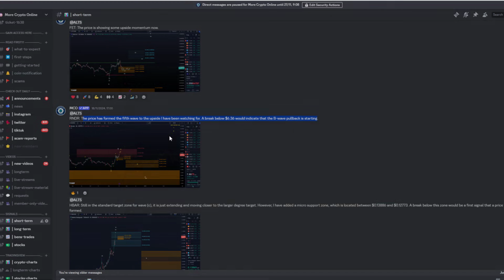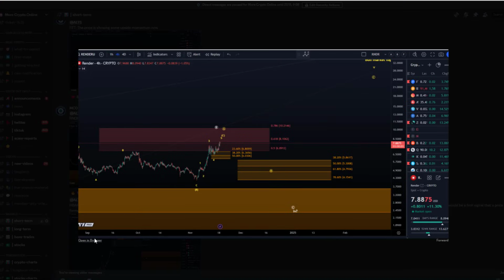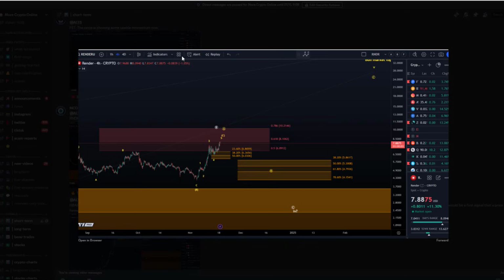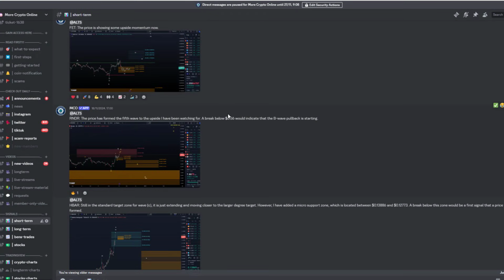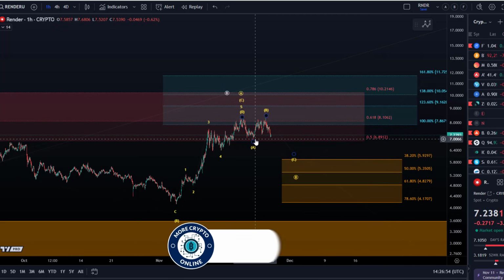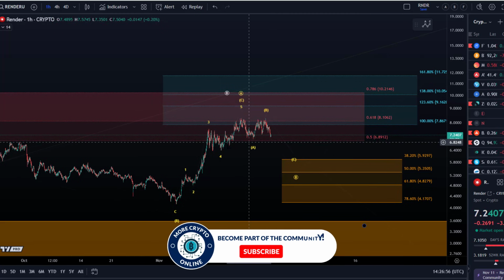At the time the price was still working on all 5 waves up, but that was the late stages, right? After a 5-wave move, we expect these 5 waves to be corrected. So the level that we were watching for was 636. We're now at 723 and we haven't broken that level yet.